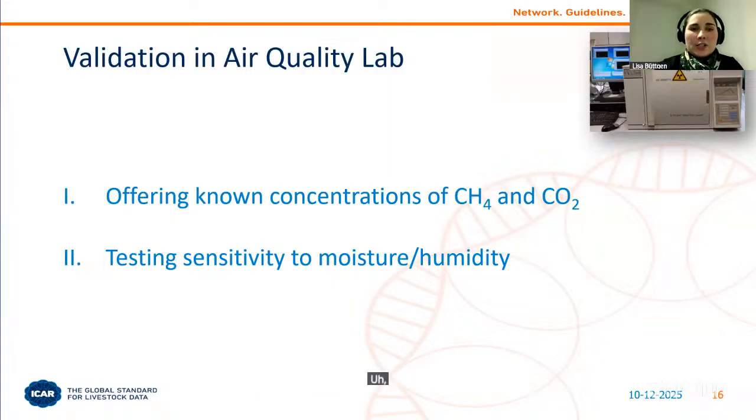For the validation in the air quality lab, first, known concentrations of methane and CO2 will be offered to the devices, and second, they will be tested for the sensitivity to moisture and humidity.